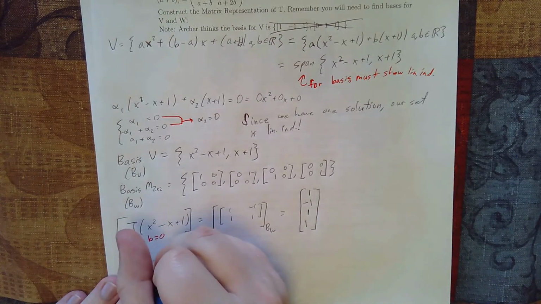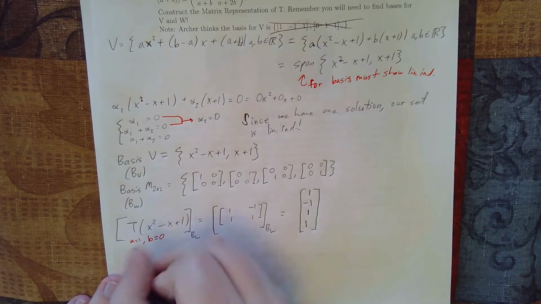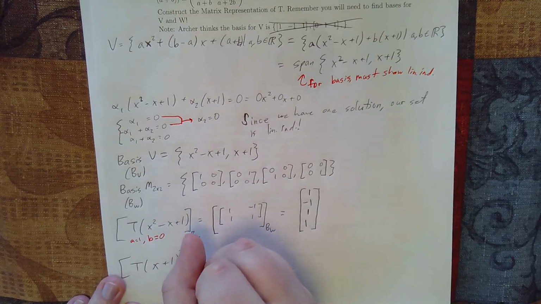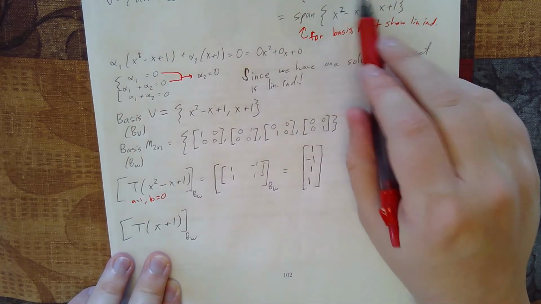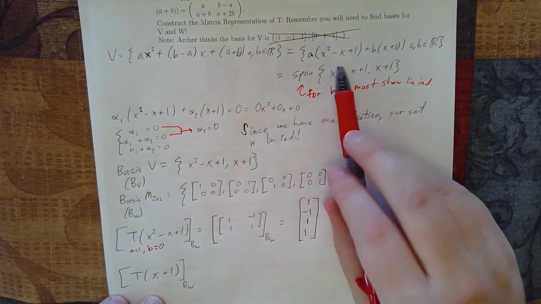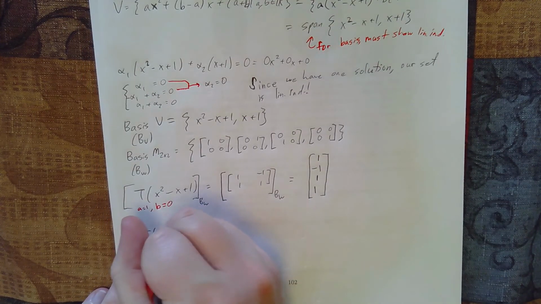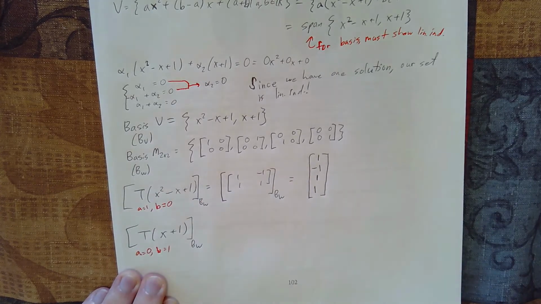And then last but not least, we need to transform x plus 1 and write it in terms of our basis for our codomain. Again, because we already broke down into our a and our b portion so nicely, a is going to be 0 and b is going to be 1.